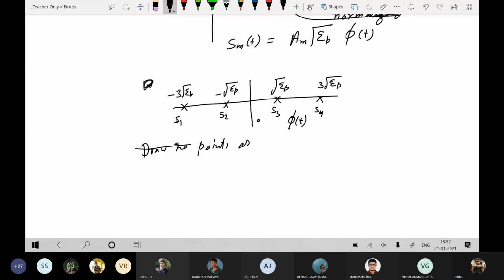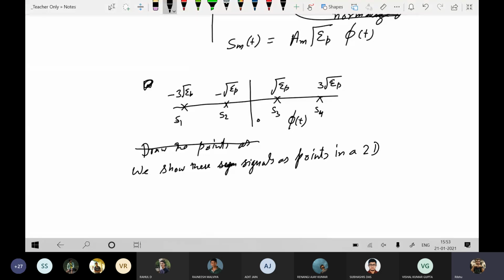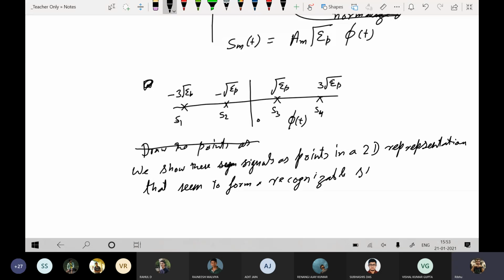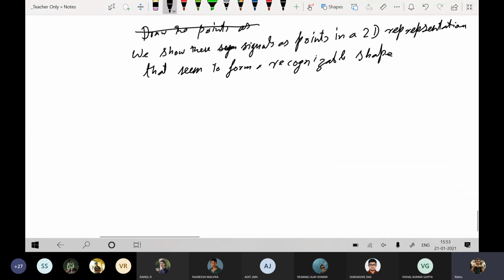We show these symbols, or these signals, as points in a 2D representation that seem to form a recognizable shape.